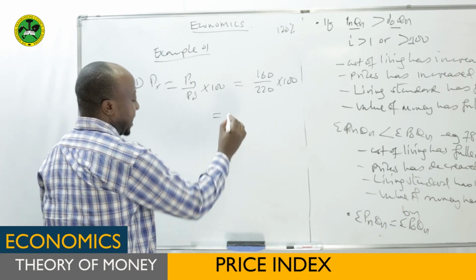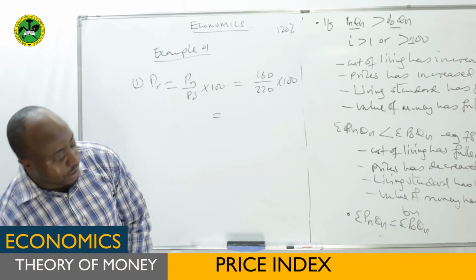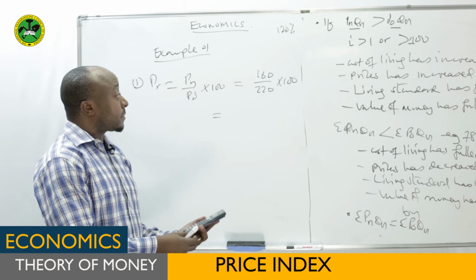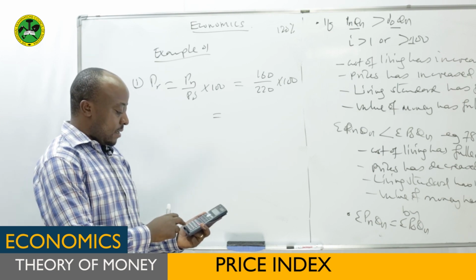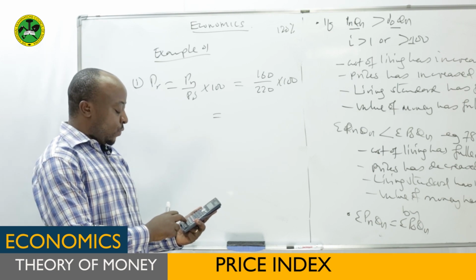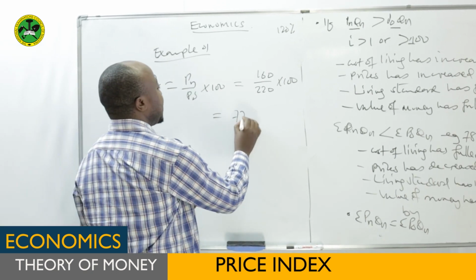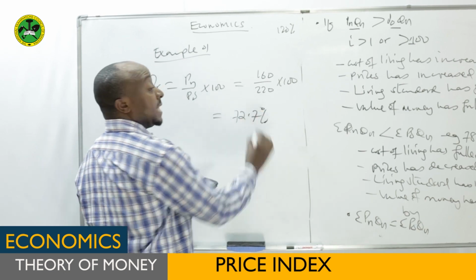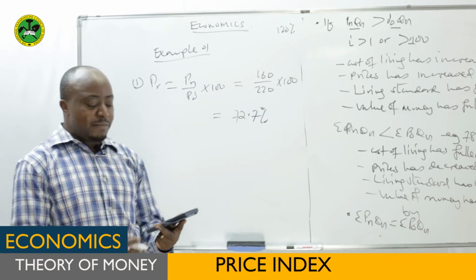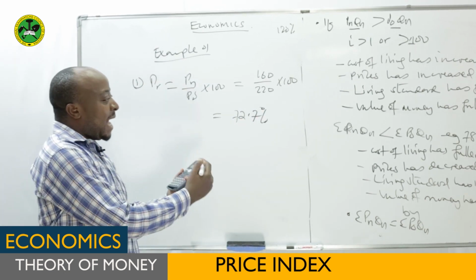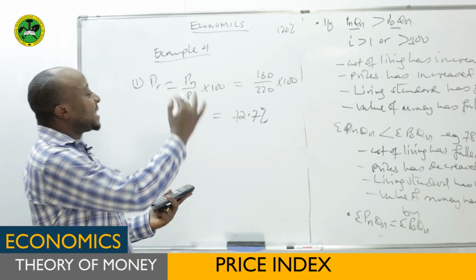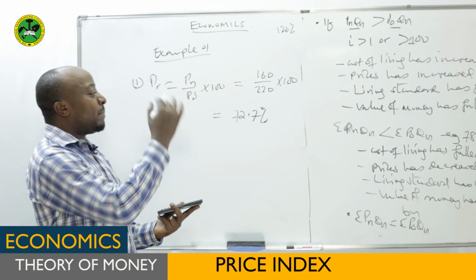If you take your calculator, you get the answer. We divide 160 by 220 and finally get 72.7%. That is our index. If we compare with the base year, you can find that it is less than 100. It means price has fallen.